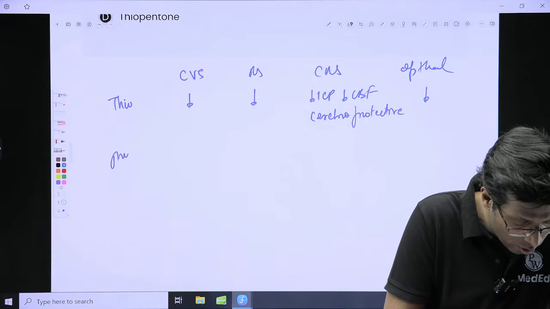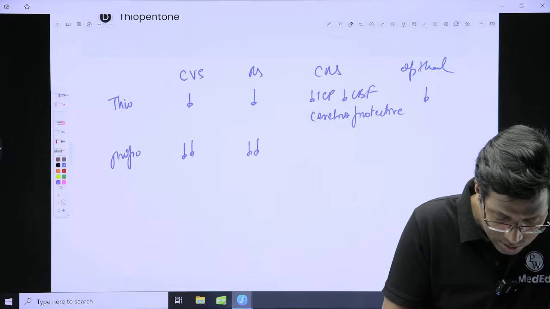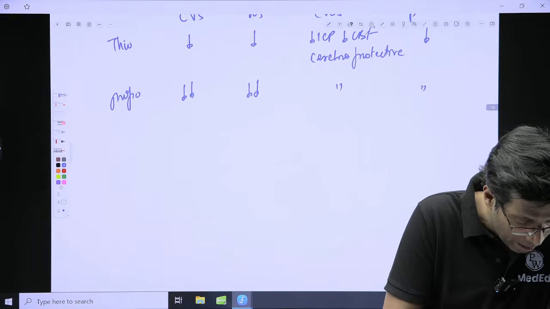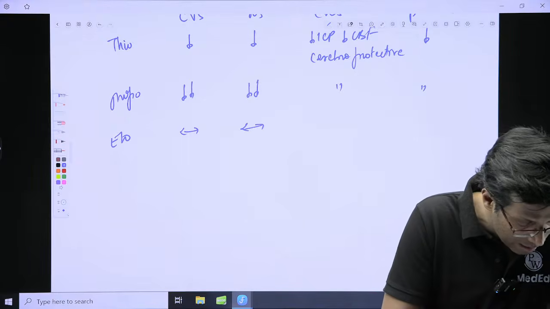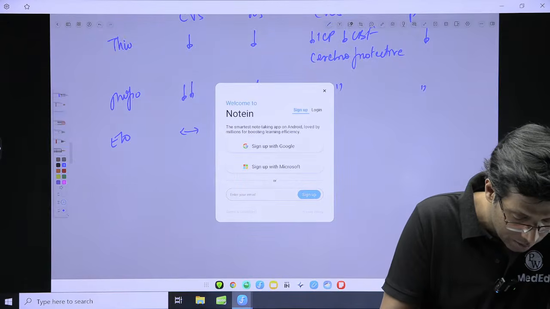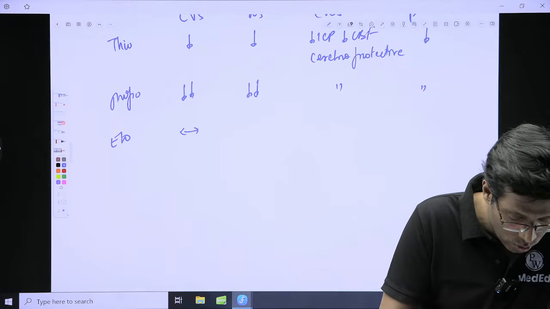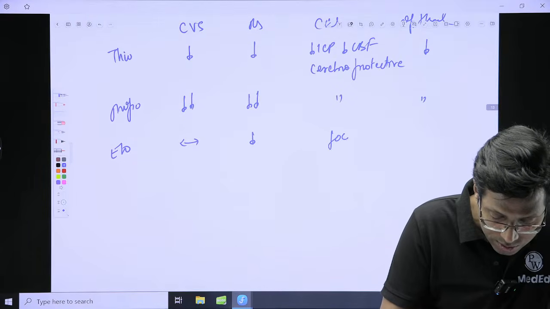If you take propofol, double decrease in CVS, more apnea in RS, same in CNS, same in ophthal. If you take etomidate, no change in CVS, RS again it's going to go down. In the CNS, you may see focal seizures.